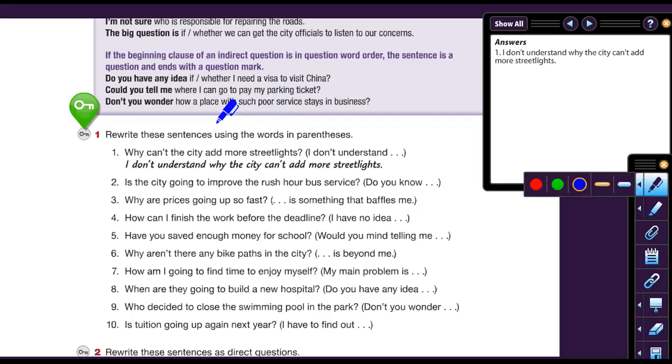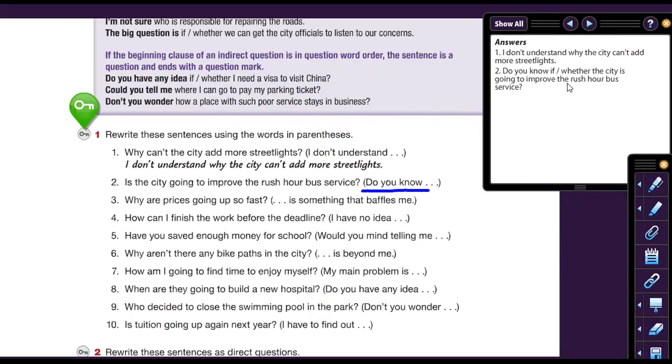So as it says, when we have a question, we have to follow this example. Like, do you know if the city is going to improve the rush hour bus service? Exactly. It was missing the if. Everything was correct. Do you know either if or whether the city is going to improve the rush hour bus service? Okay, then let's see the next one, number three.